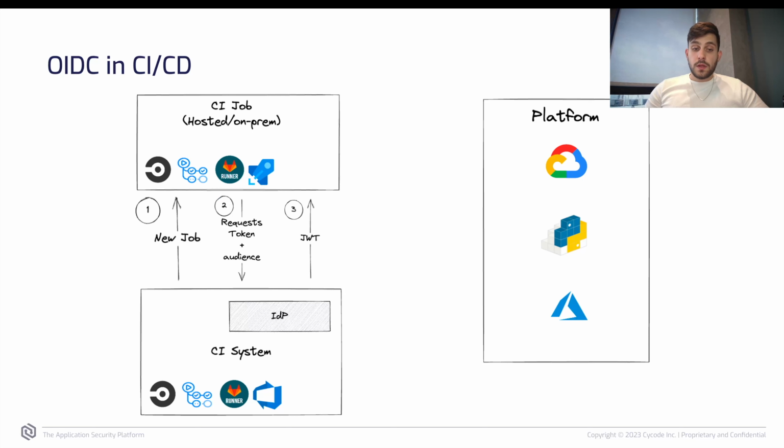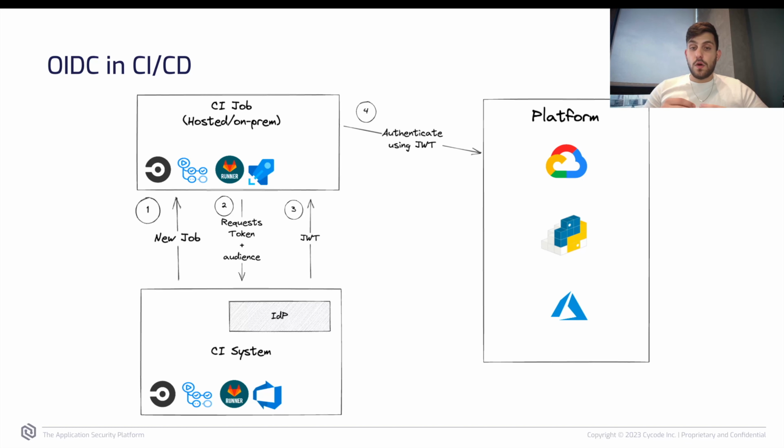In return, the identity provider and the CI system return a JWT, meaning a signed OIDC token with the details of the CI system. It will contain the repository name, the branch name, and other details we saw before.